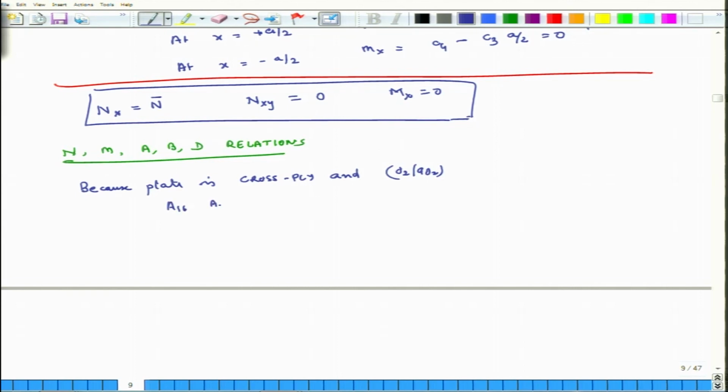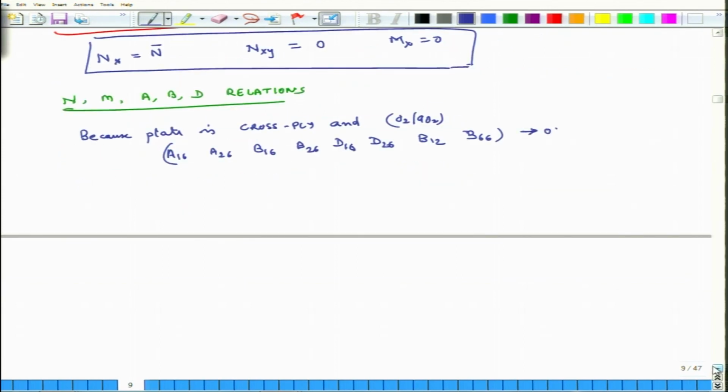A16, A26, B16, B26, D16, D26, B12 and B66. All these terms are 0 because it is a cross ply laminate. This is important: B12 and B66 are also 0 for a cross ply laminate.